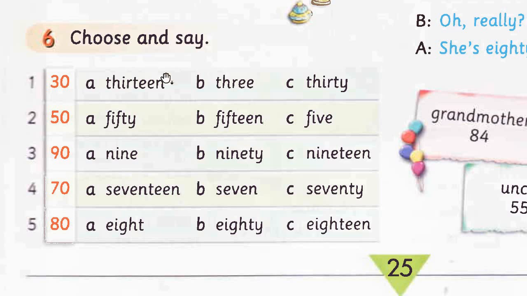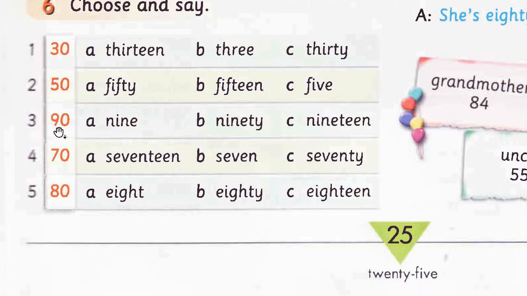You can just circle the letter. Okay. Number 2. What is the correct answer to number 2? A, 50. B, 15. Or C, 5. Which one did you choose? Well done. 50. Yes.